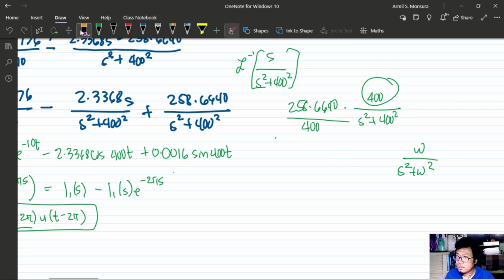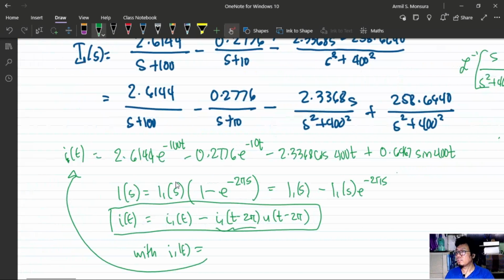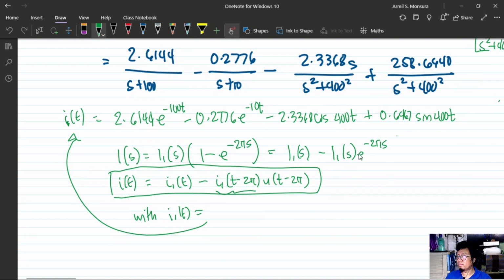So this should have been 0.6467, but this is still the inverse we will use.